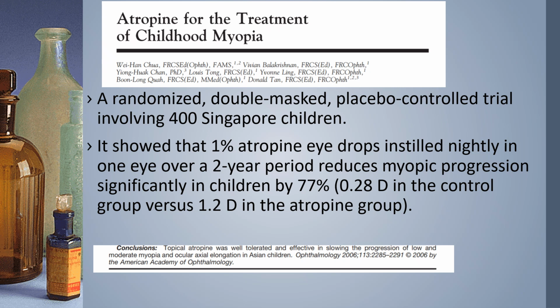So I think by the end of 2 years, they stopped using atropine, mainly because the difference between the two eyes, making the patients anisometropic, was huge. They stopped the trial after 2 years.